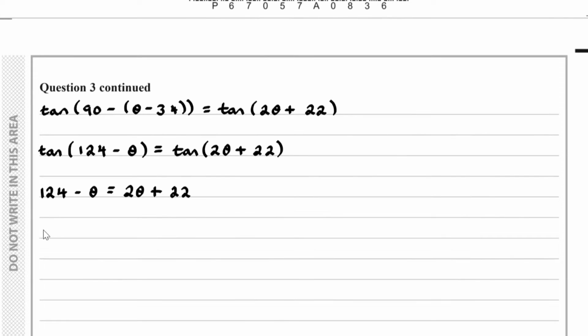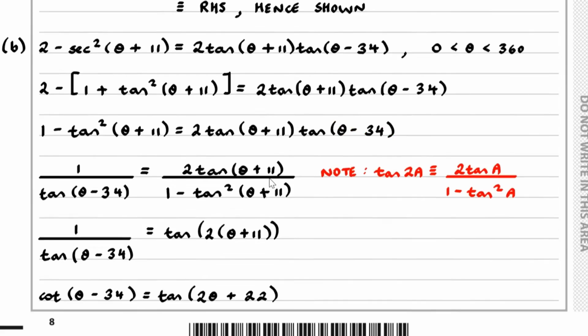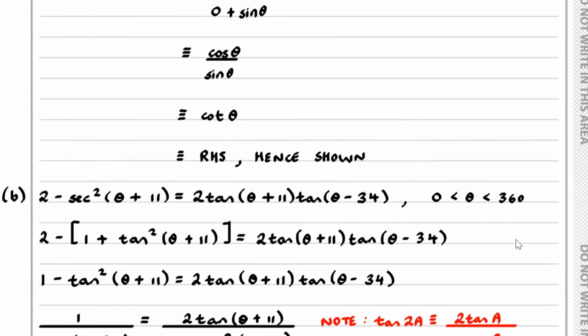And therefore 3 theta is equal to 102, and because we are finding multiple solutions, we need to add on 180k, where k is an integer. Now, our original domain was from 0 to 360.